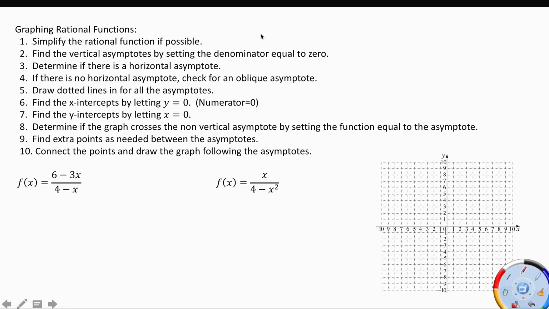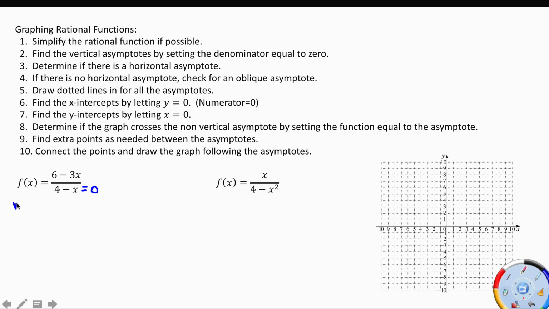All right, here are the steps for graphing your rational function. First thing I'm going to do, anytime I see a rational equation, goes without saying, I need to try to simplify it. But this one won't simplify, so I'm going to find my asymptotes. To find the vertical asymptote, I'm going to set the denominator equal to 0.